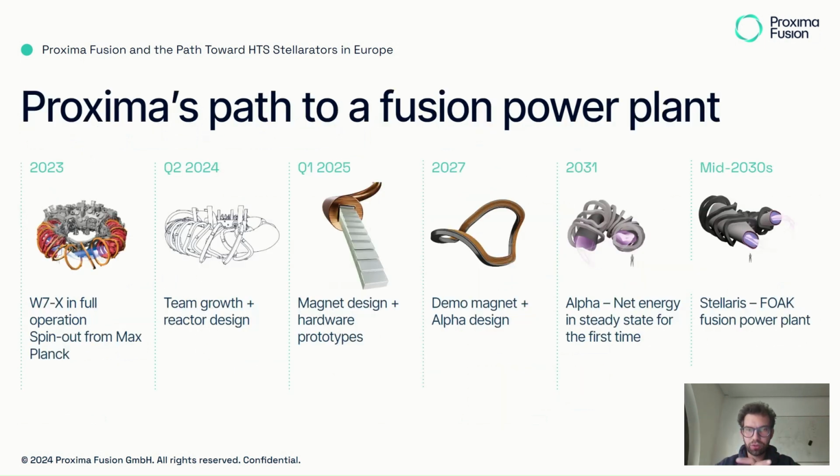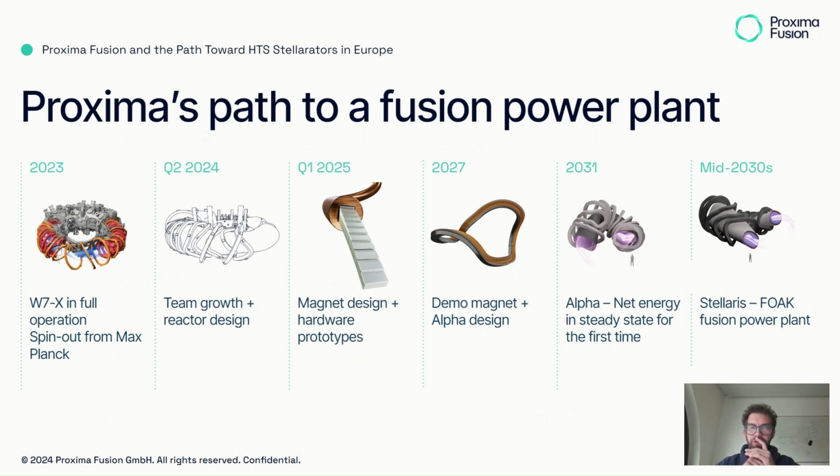And in order to get there, this is what our timeline looks like. We recently achieved one milestone, the conceptual design of our reactor, and it's been submitted for peer review. It will be published soon, so stay tuned.